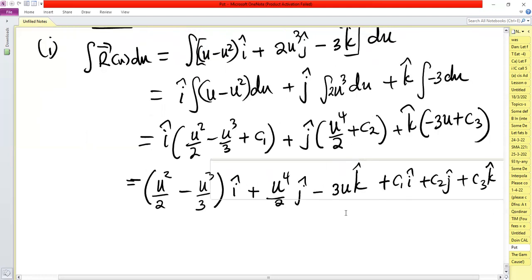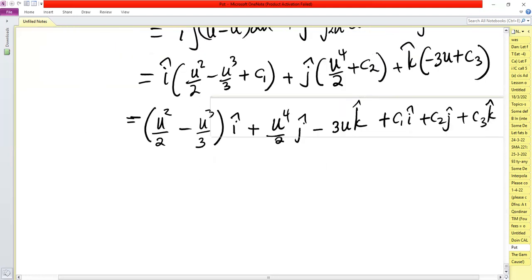And then this c1 i plus c2 j plus c3 k can just be written as vector C.